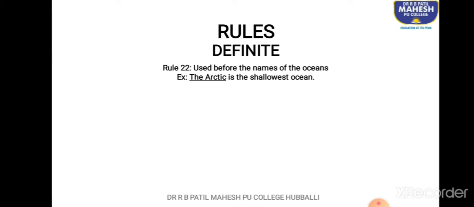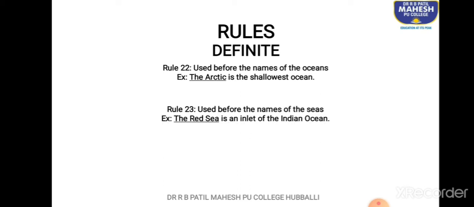For example, the Arctic is the shallowest ocean. Rule number 23. Definite article is used before the names of the seas. Example, the Red Sea is an inlet of the Indian Ocean.